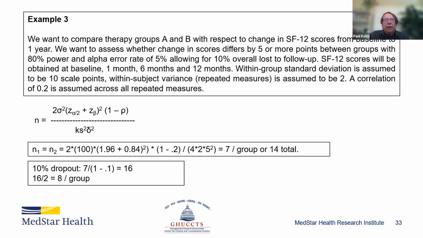Now, I will say that if this was a real study that you wanted to do, you probably want to have more than 14 patients or subjects, or 16, in your study. So typically, if this would turn out to be what I actually got for a calculation, I would say, well, with just 8 patients in a group, even if you find statistical significance, we're going to be kind of suspicious of that. So you probably should get a lot more.